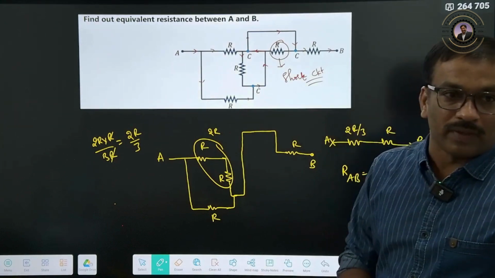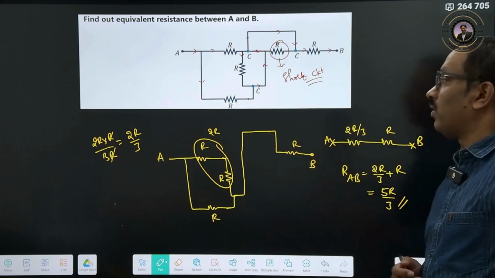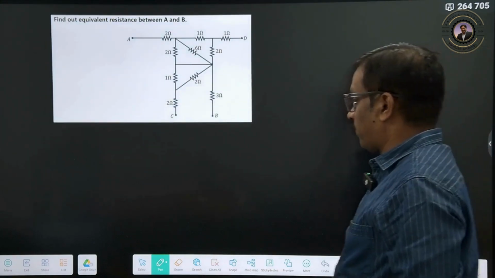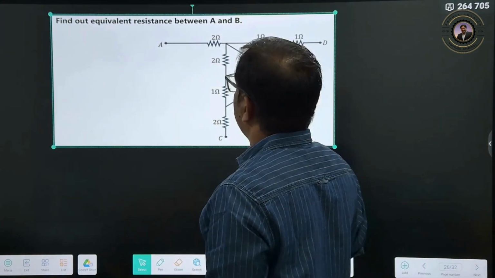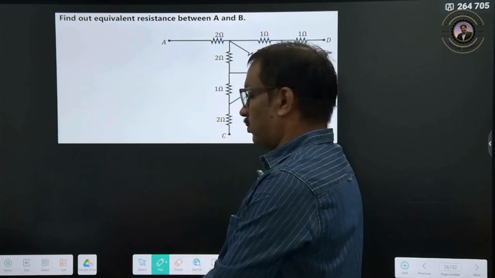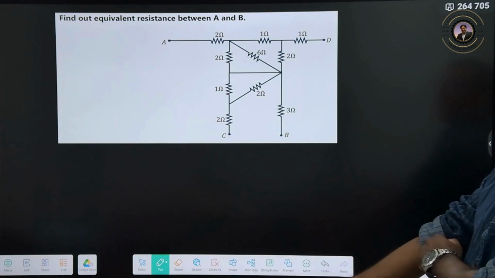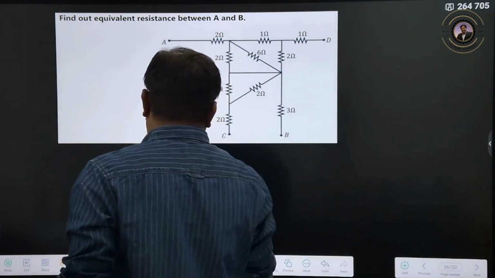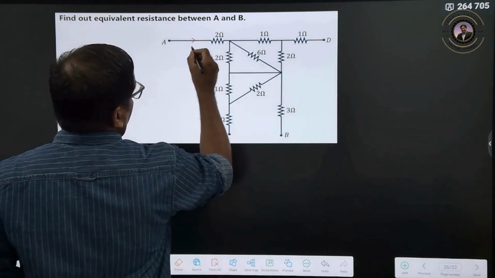Clear? So it looks complicated, but it is very, very simple. Now we will go for one more question. Find the equivalent resistance between A and B. So from A to B we have to come here.